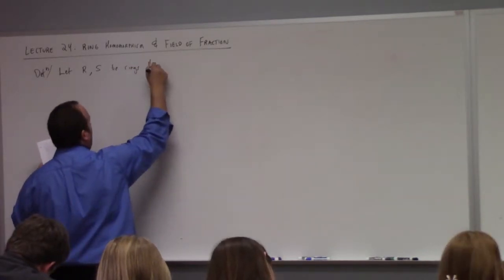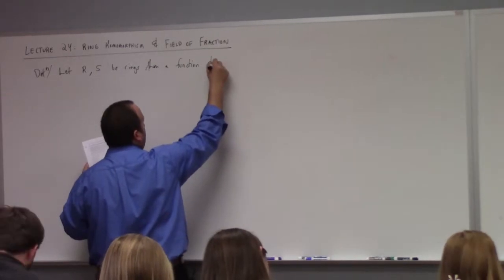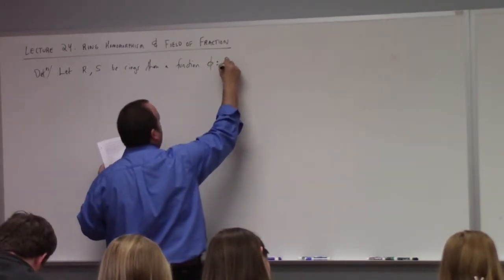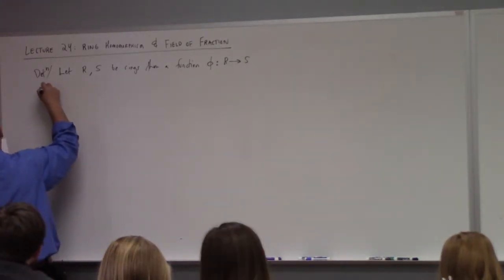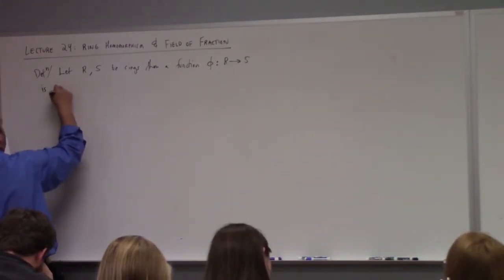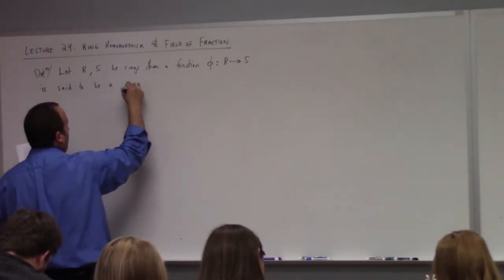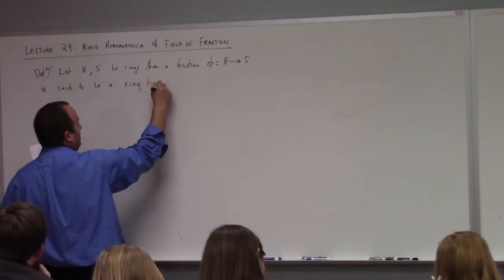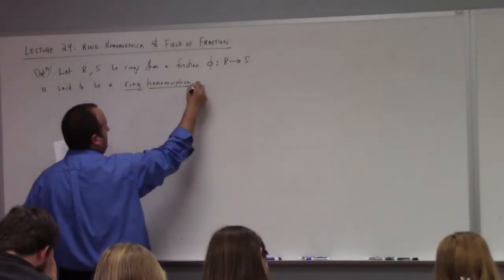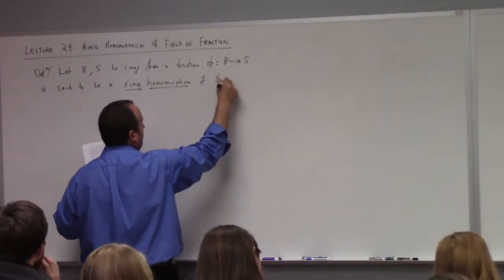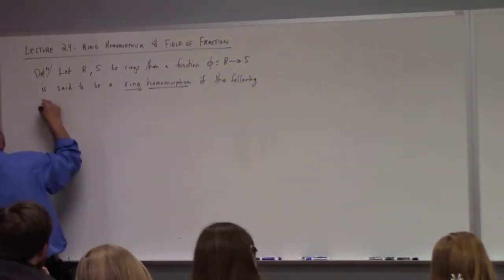Then a function phi going from R to S is said to be a ring homomorphism if the following items hold.